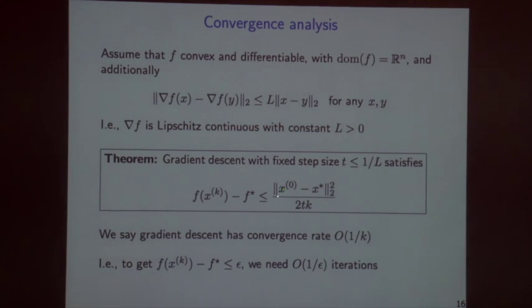So this is just a constant, the square norm divided by 2t times 1 over k.